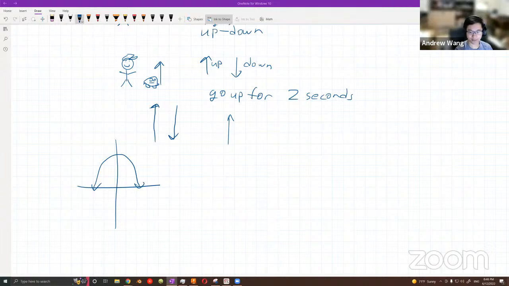Anyone remember the quadratic formula? Yep, so I see the 2 quadratic formulas over there, and that's really good.